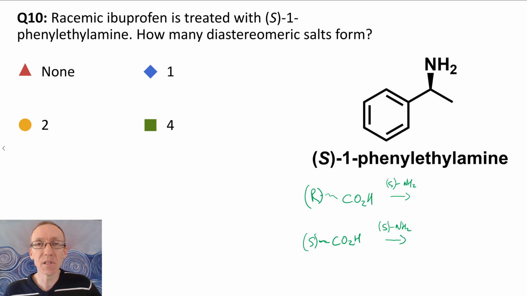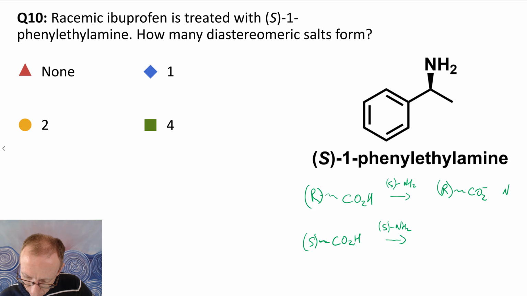Each of those enantiomers of ibuprofen can form a salt with the one enantiomer of the amine. So we can get the R carboxylate ion paired with the S ammonium salt, or ammonium ion. So there's our ions there.